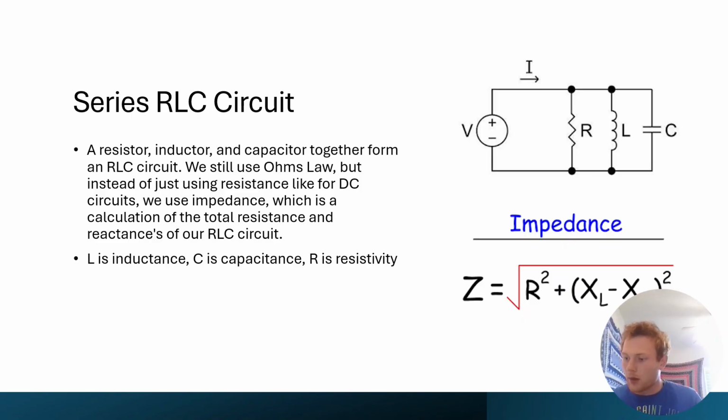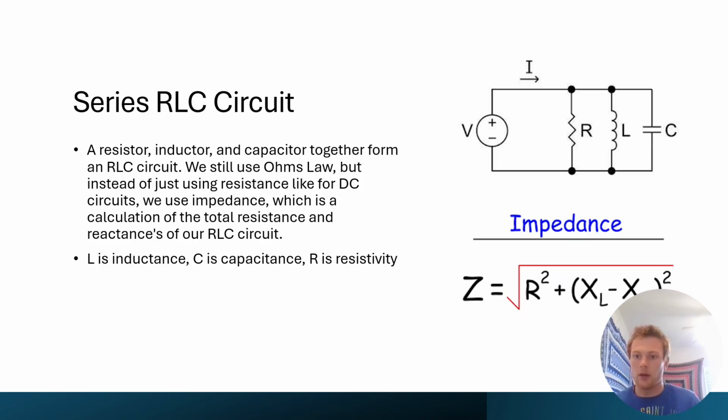Then, assuming a sinusoidal source, our current is I naught times the cosine, and our amplitude is based on that sinusoidal source. The peak amplitude is V naught over Z, and the phase shift can be found through tan phi equals the net reactance divided by our resistance.